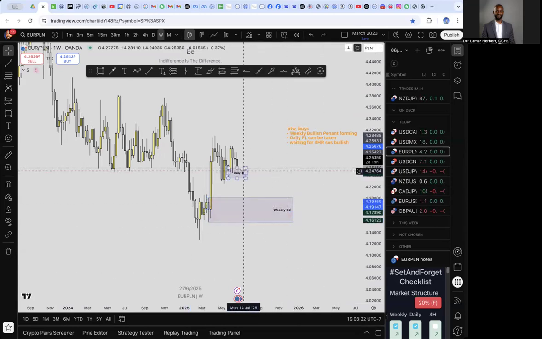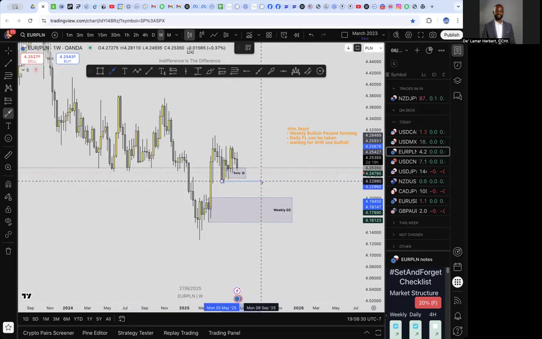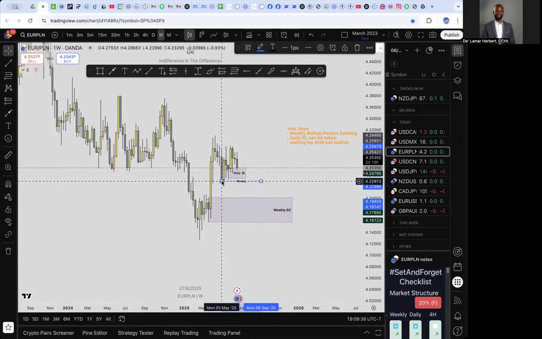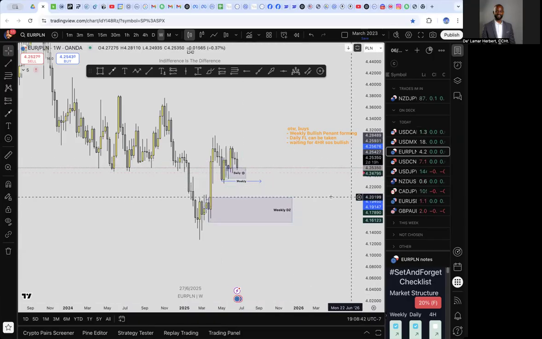So we got a weekly demand zone. You can see we created a first low here. Oh yeah, that's my first low right there. That was actually already taken too, because if you see, we closed down here, then we opened here. We moved down and took that first low, and then we went up here and closed. So that was our first low taken already.